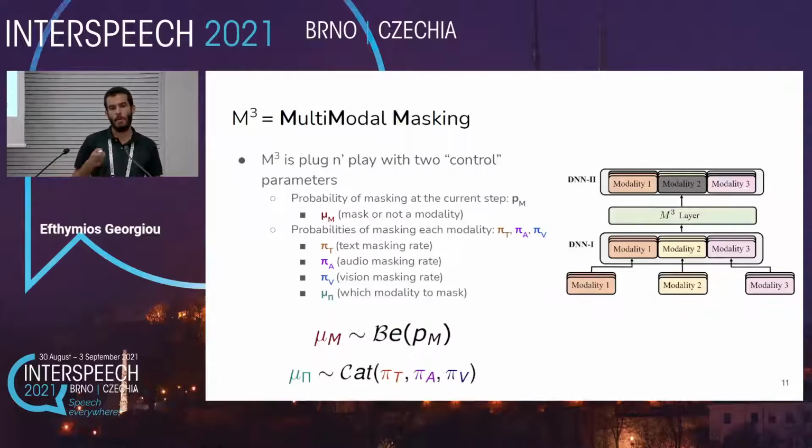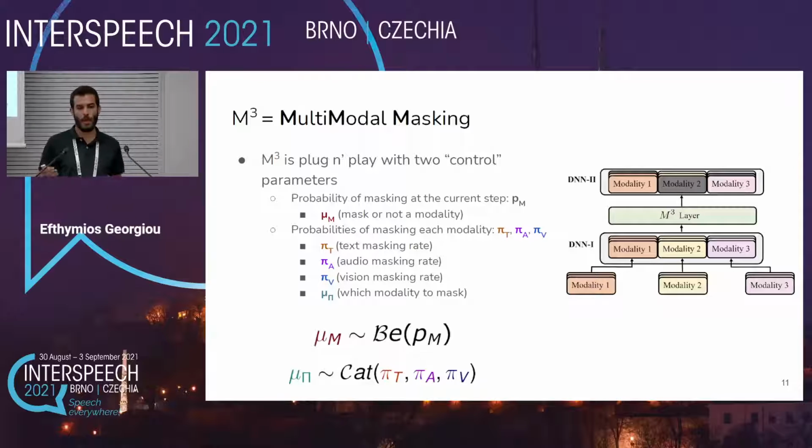We will now describe how M3 works. We have introduced a set of hyperparameters in order to control its operation. The first is the probability of masking at the current time step. This hyperparameter controls whether we are going to mask or not at the current time step.